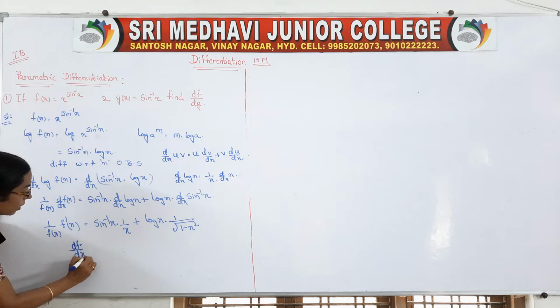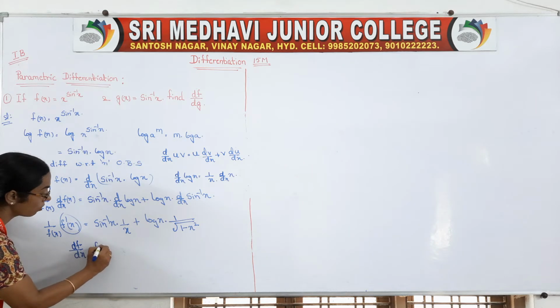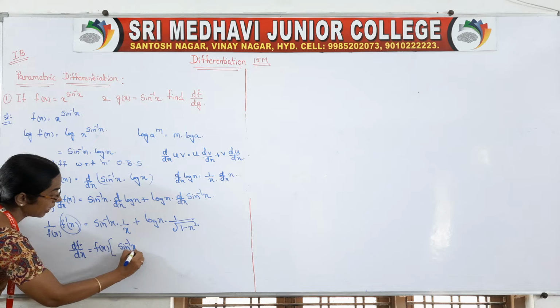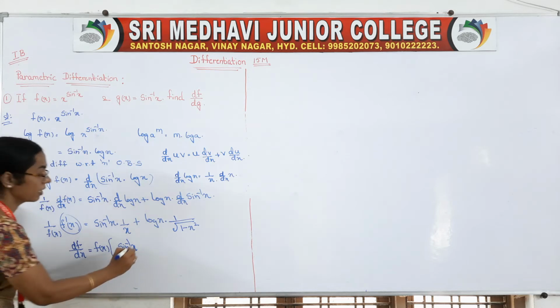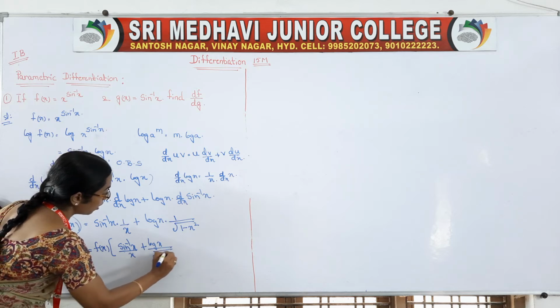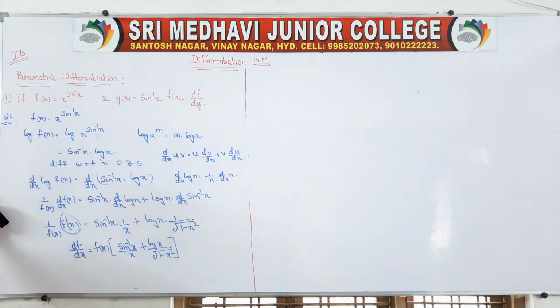So df by dx is nothing but f dash x. Send this f of x to that side. So f of x into sine inverse x by x plus log x by root of 1 minus x square. Okay, so what is your f of x now?